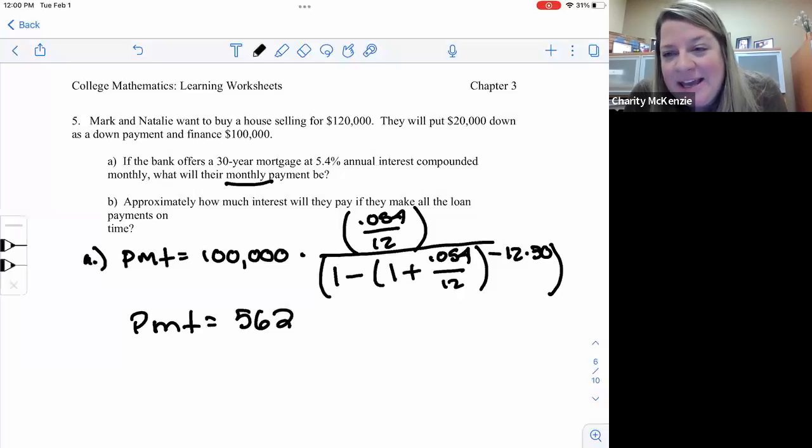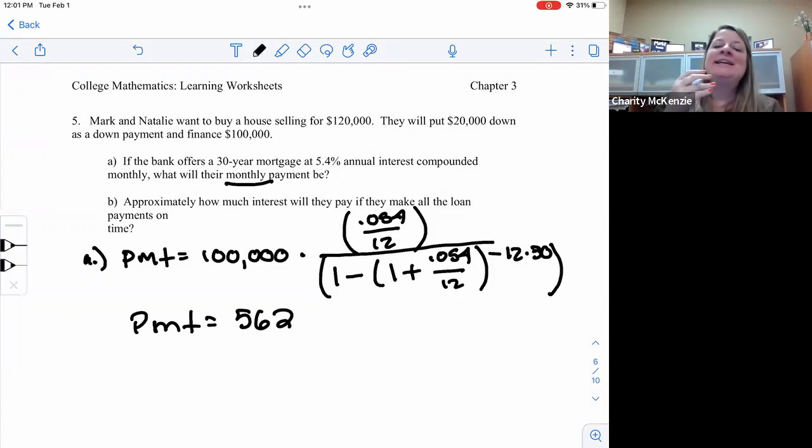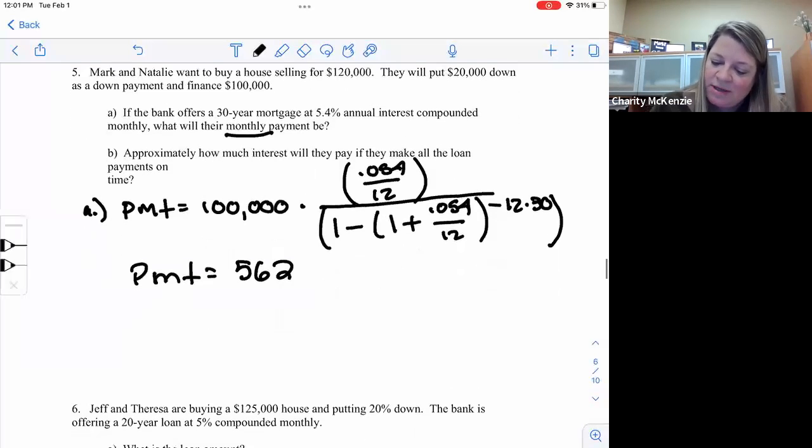Some textbooks don't make you round up because they aren't really teaching you the right way, in my opinion. So you should round up a cent, so you actually get to the right amount. So there's our payment.